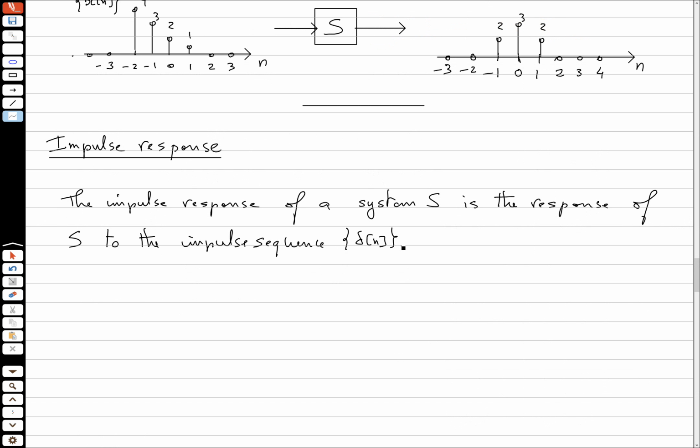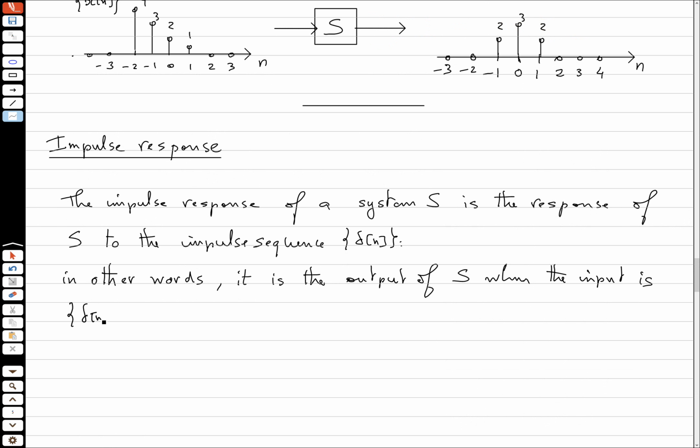So in other words, it is the output of S when the input is delta of n. Do you understand that better?